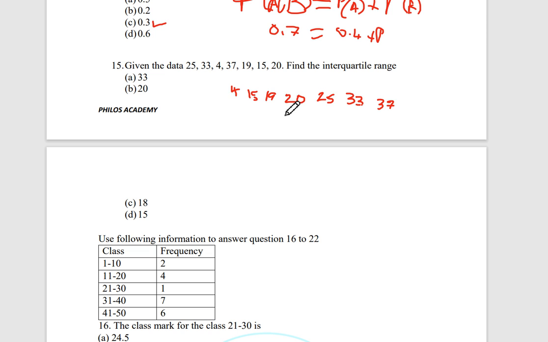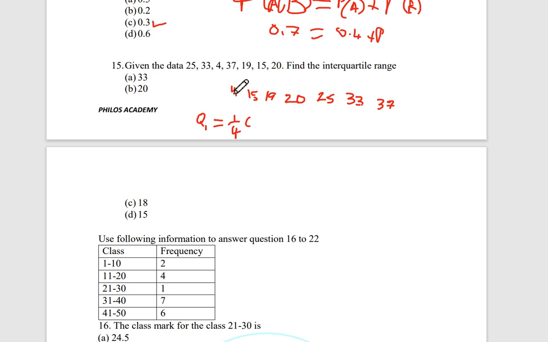Now to find interquartile range, you need to find the first quartile and the third quartile, and you find the difference between them. So let's see how to find first quartile and third quartile. First quartile, that's Q1, is equal to 1 over 4 times the number of values in the data.